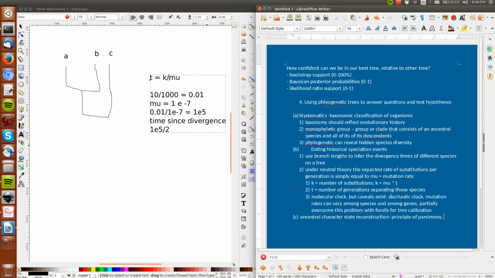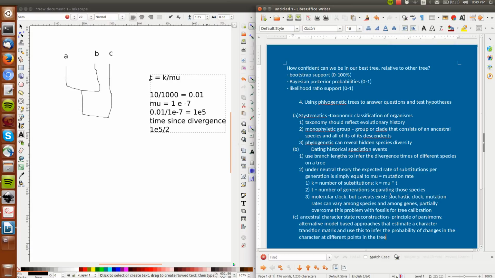That is model based. So we have alternative model-based approaches that estimate a character transition matrix and use this to infer the probability of changes in the character at different points in the tree.